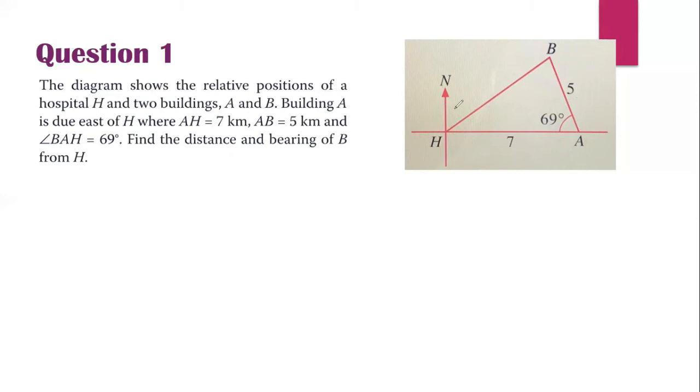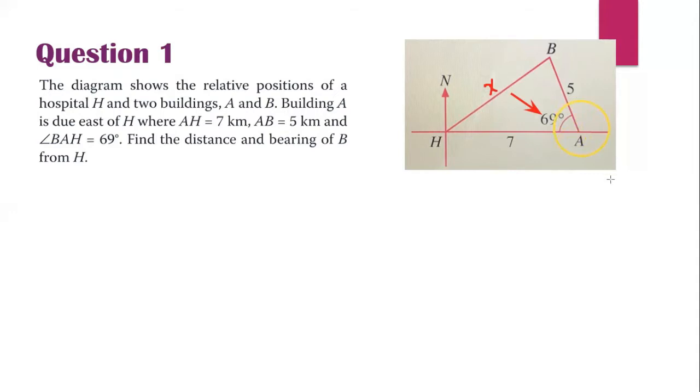First, we can find side BH, right? Let's say BH is x. BH is opposite to 69 degrees, right? And 69 is covered by 5 and 7.